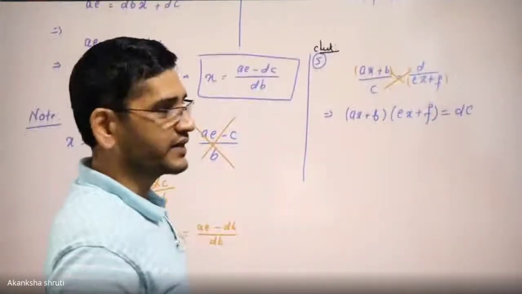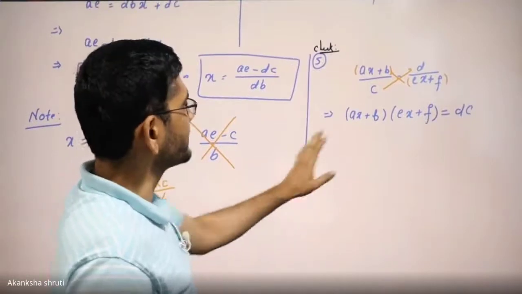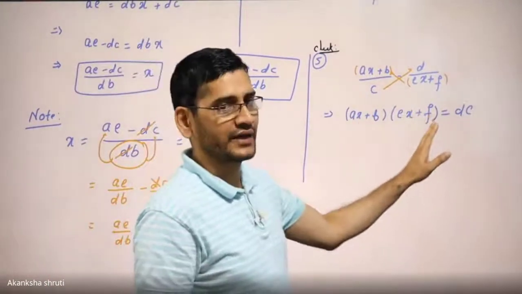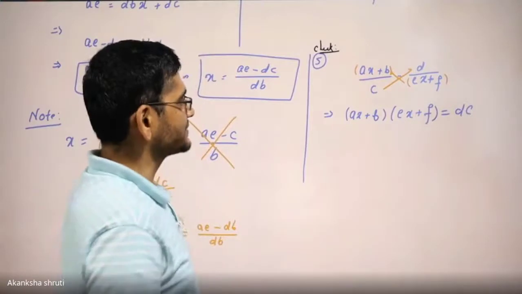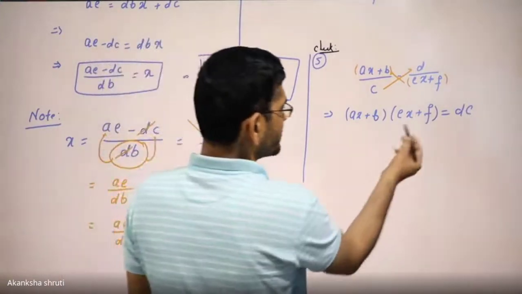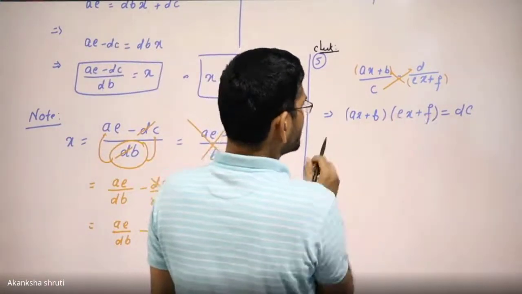Now let us recall the multiplication rule that we learned in chapter 1. I had explained the distributive rule for the product of two brackets.